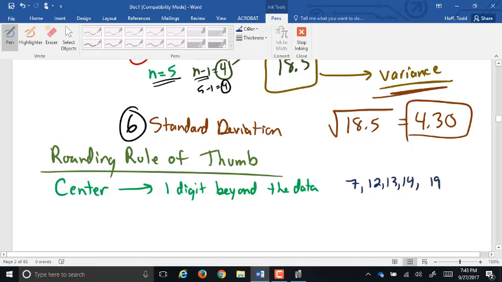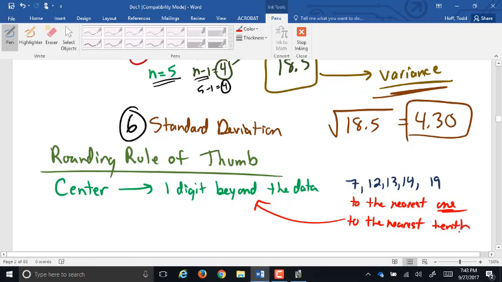Since that's all whole numbers, the data goes to the nearest 1, right? So that means measures of center would be rounded to the nearest 10th. That's 1 place value past the data.